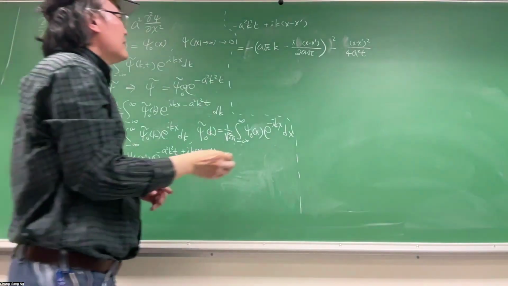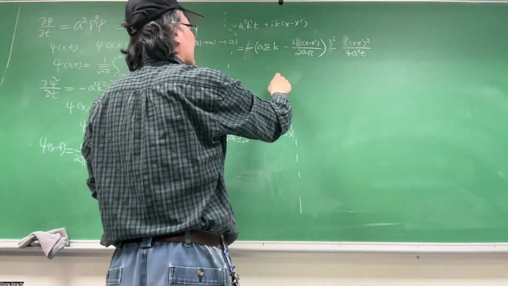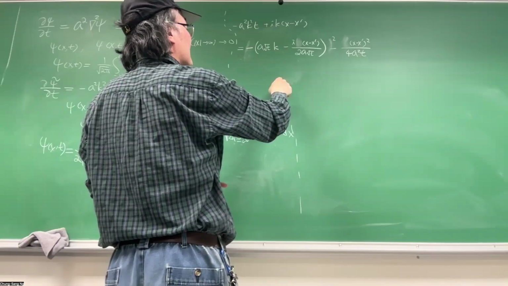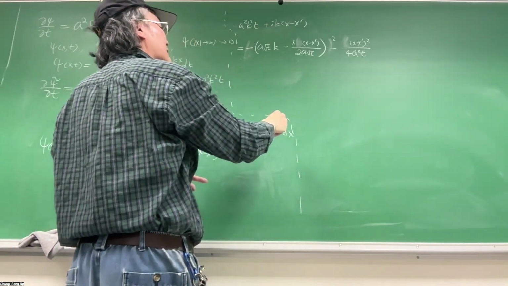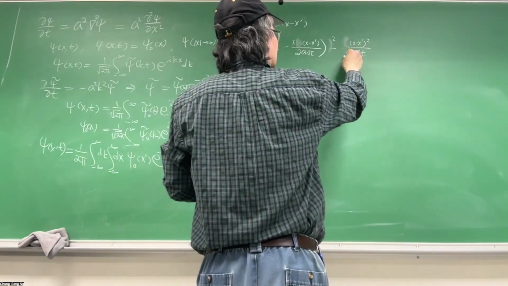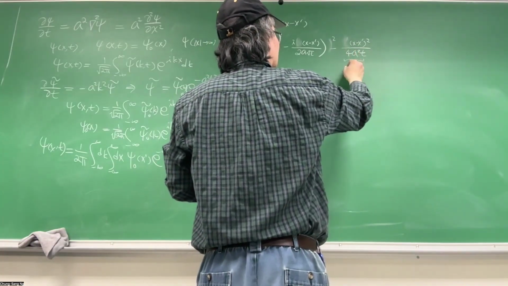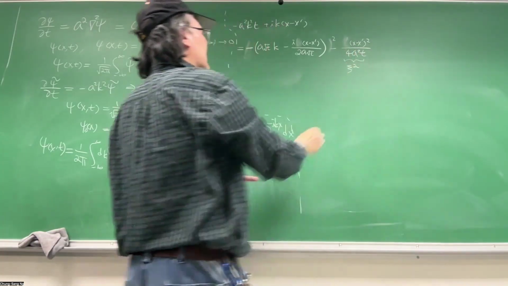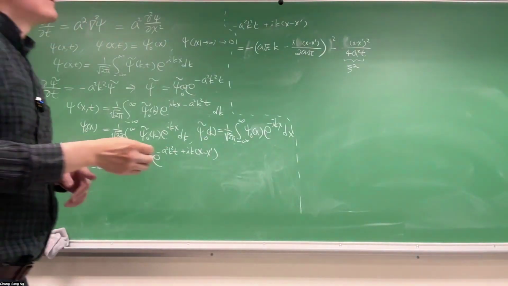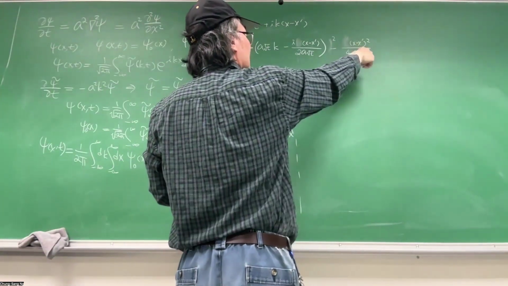Okay. And now that suggests a change of variable. So I would define that as c squared, like your textbook, because if you solve for that, so this is a square, right?